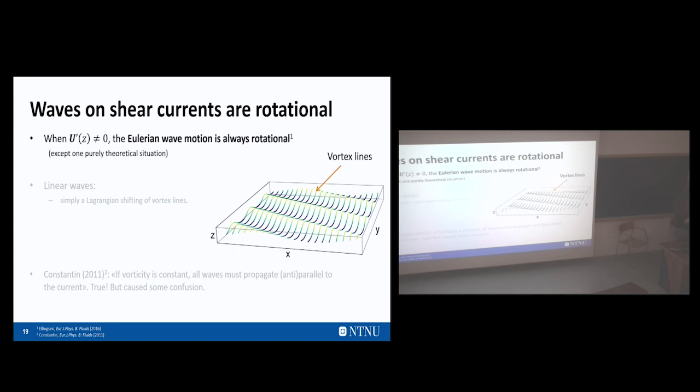Another point that's well worth noticing is the use of potential theory that is very common. Now, it's no surprise, I suppose, but it needed to be pointed out at some point that in an Eulerian formulation, surface waves are basically always rotational. There is basically only one very special case where you can consistently use potential theory.